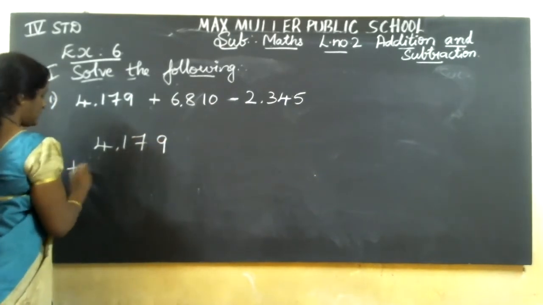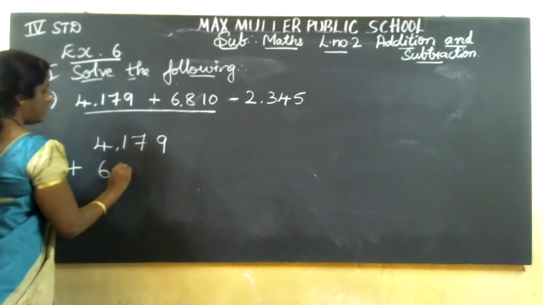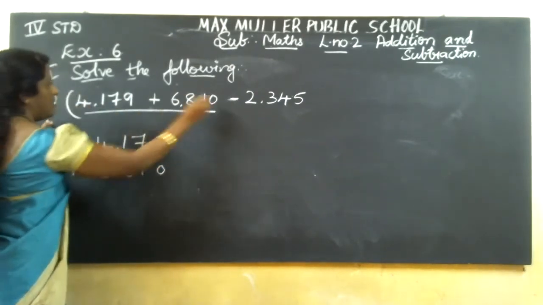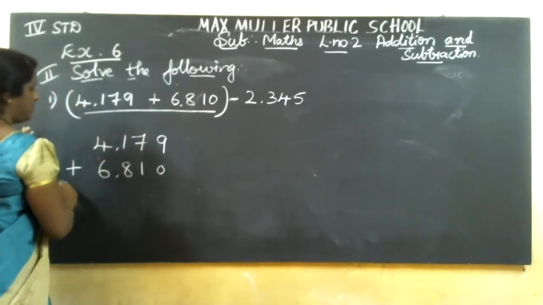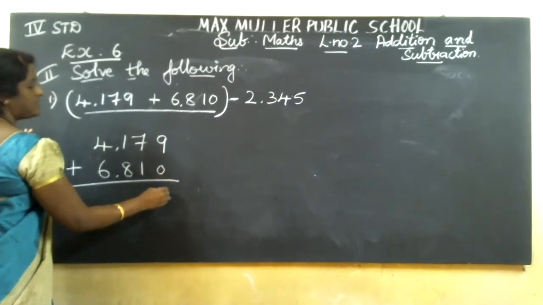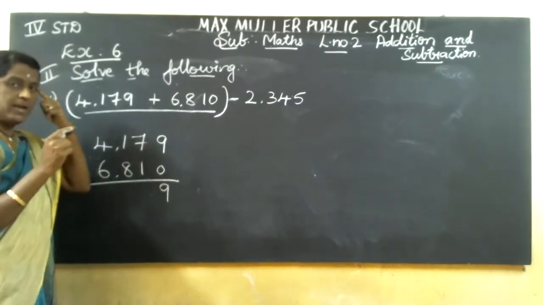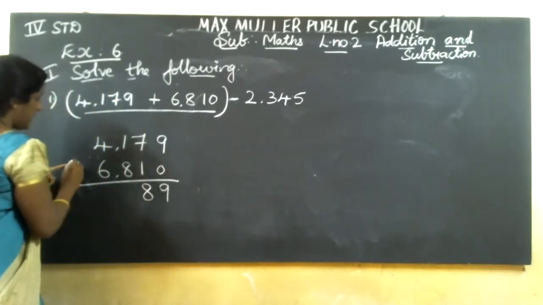4,179 plus 6,810. First we'll do plus. We'll copy this step by step. 9 plus 0, 9 only. 7 plus 1. 7 in the mind, 1 on my finger, after 7, 8. This is addition.